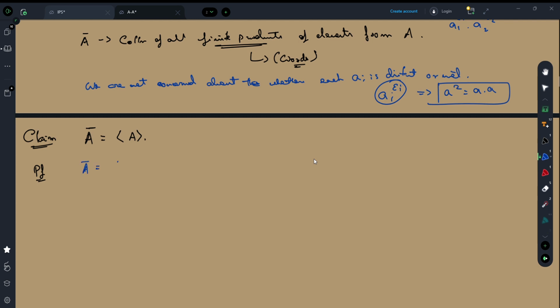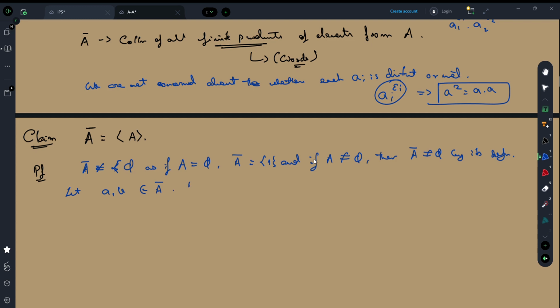So A bar is non-empty: if A is empty, A bar is {1}, and if A is non-empty, then A bar is non-empty by its definition. So it's obvious.